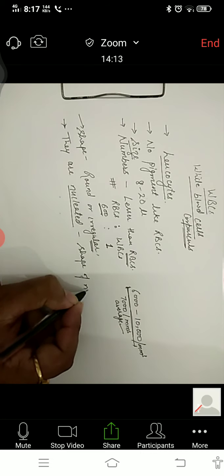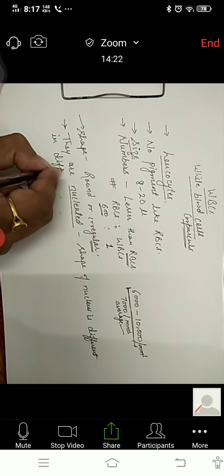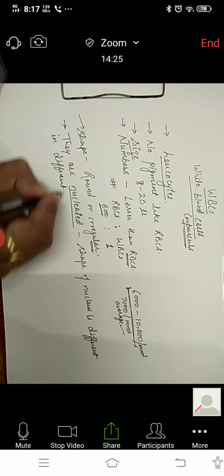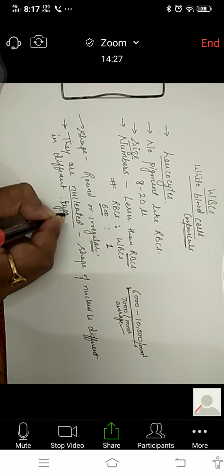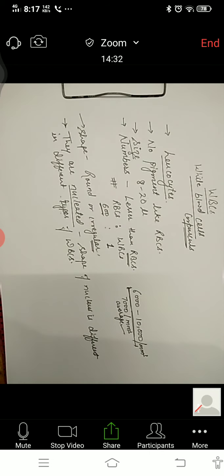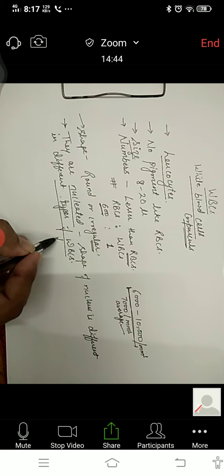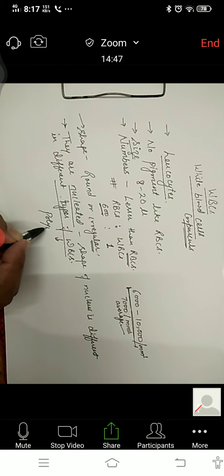The shape of the nucleus is different in different types of WBCs. So that's why they have different kinds of nucleus. So we can say they are polymorph nuclear leukocytes.